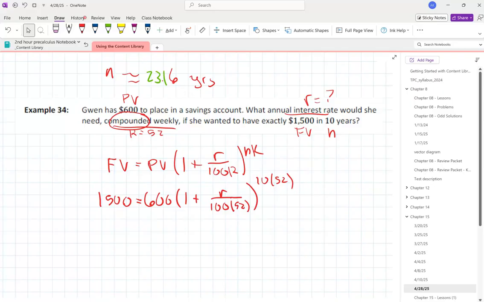Note, this equation is not an exponential equation because the variable is not located in the exponent, right? So, do I need a logarithm to solve this? I do not. I'll still start the same way. Divide both sides by the 600.